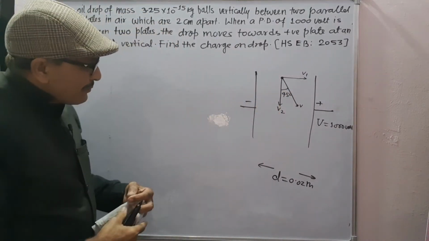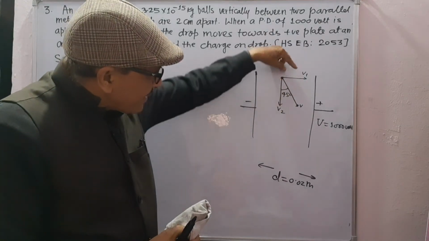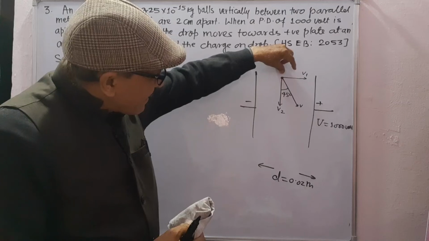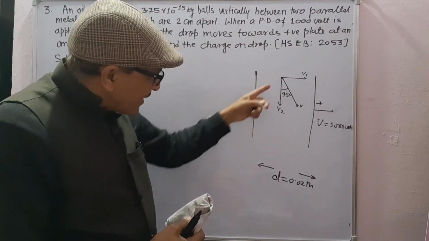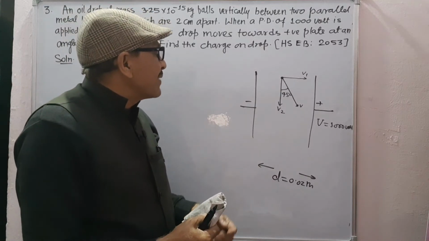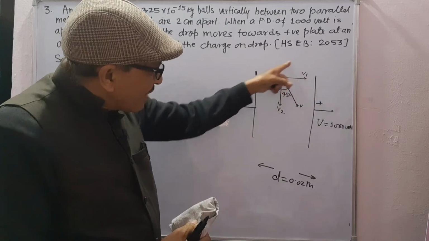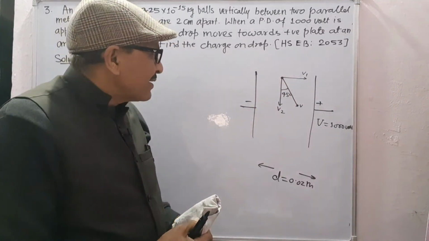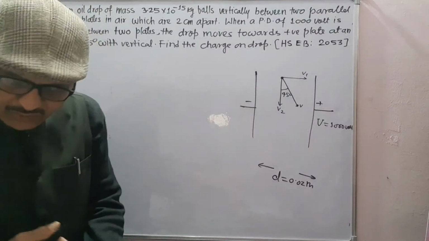So the viscous force along horizontal will be equal to 6 pi r eta V1, and along vertical it will be 6 pi r eta V2. This will balance the electric force and the weight.